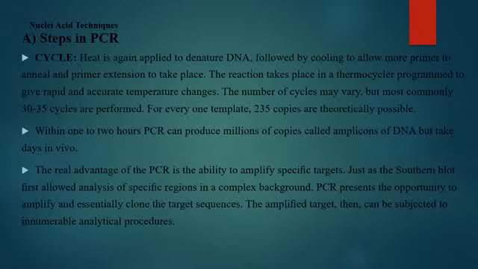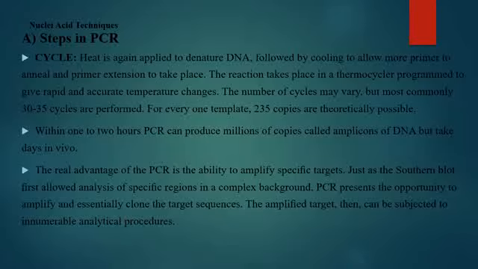In the PCR procedure, there's a change in heat. This is relevant, like I said earlier, in the PCR steps, in denaturing, annealing, and then extending. So heat is applied to denature DNA again, followed by cooling to allow more primer to anneal. So when heat comes, it denatures. When it is cooled, the primer is able to anneal or bind, and then the extension takes place by the polymerase.